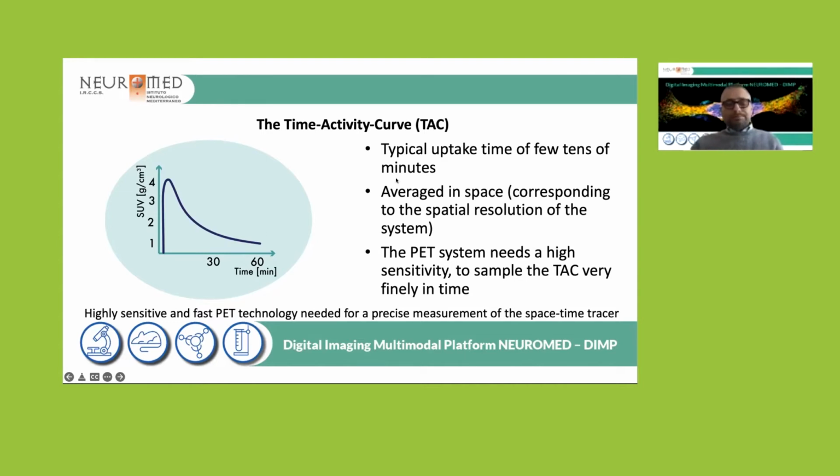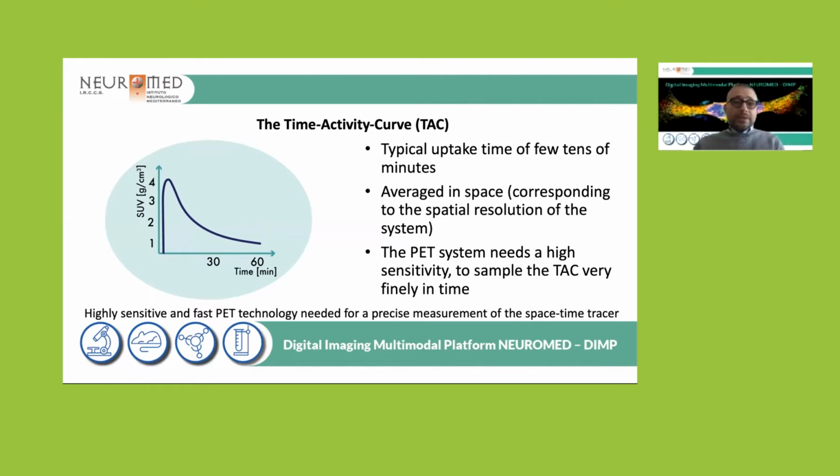Now, the typical uptake of tracer, because the metabolic processes need to start up, is of a few tens of minutes. It is averaged in space, so you cannot have clear evidence of a single cell. The average in space is at least 1-2 millimeters.